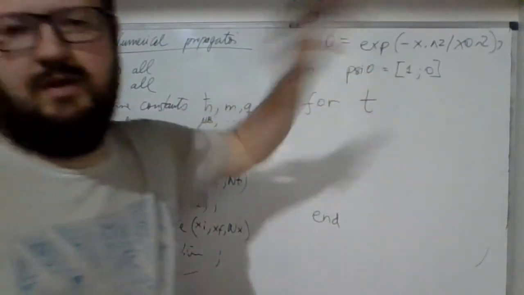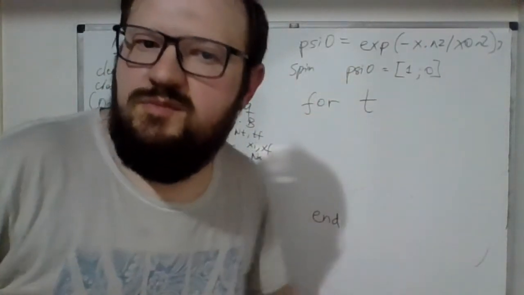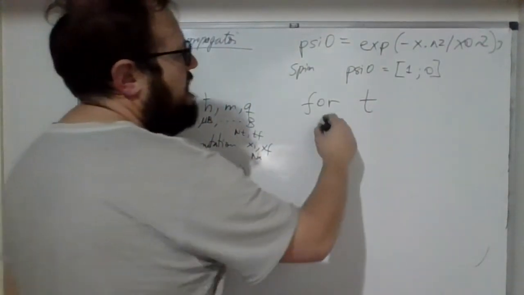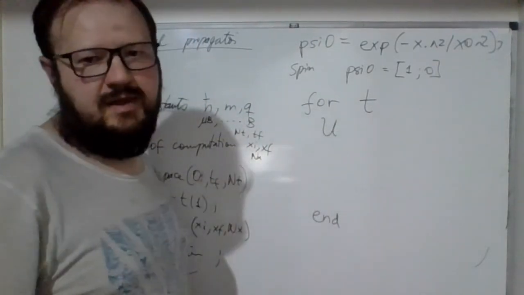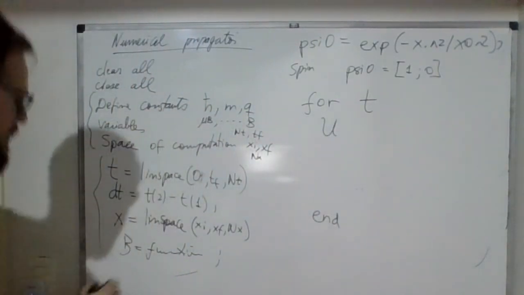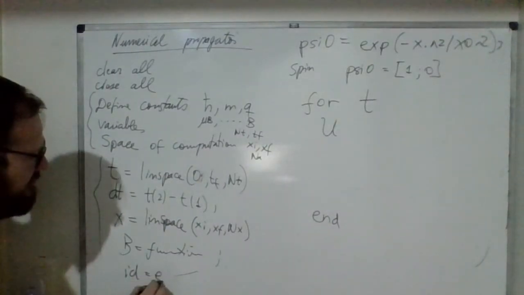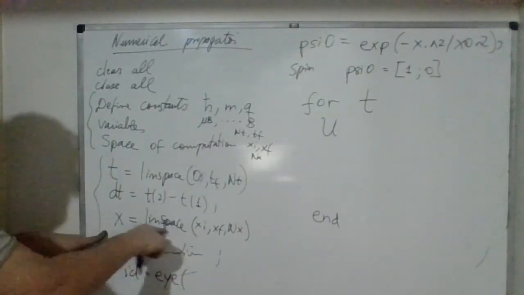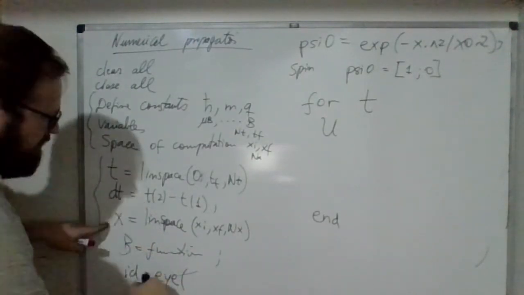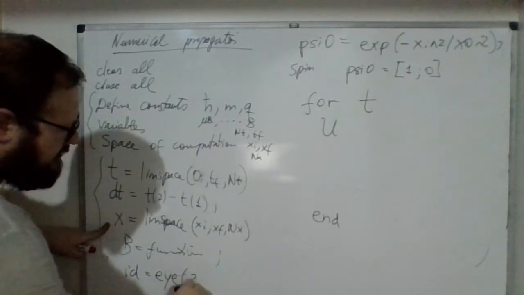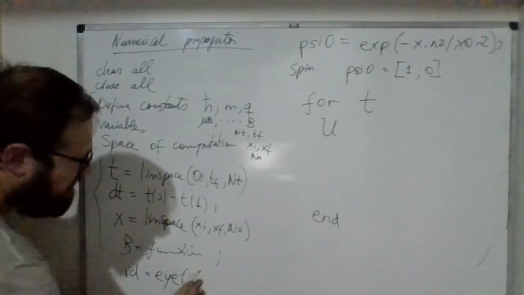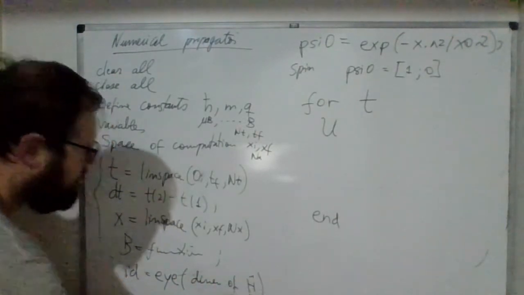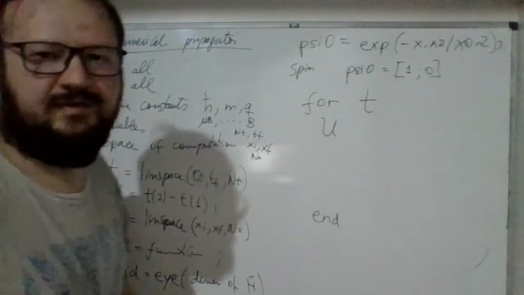I don't know what software you use to implement this algorithm, but of course you will calculate the evolution operator. Here they are matrices. Of course, you will need to define an identity, the I matrix, which is not in time, it's in space, or spin, if spin, dimension 2, which means the dimension of the Hamiltonian. This identity matrix.